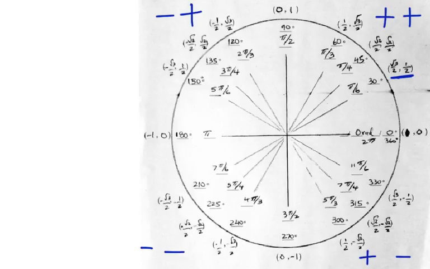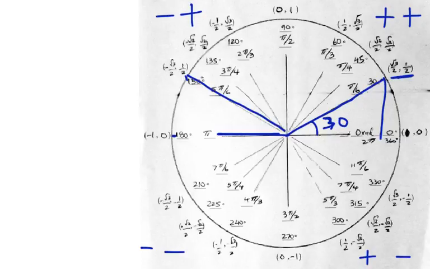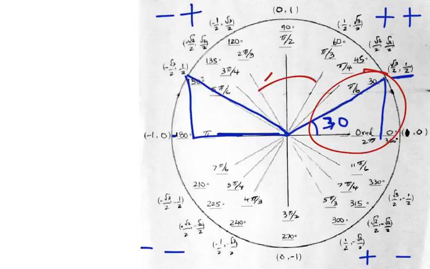Now let me show you. Let me make this triangle. This is 30 degrees. Let's go on this side. Look at this angle. Basically, that triangle is a reflection of this one over the y-axis, so the dimensions are not changing.